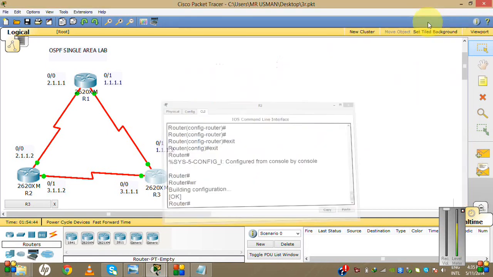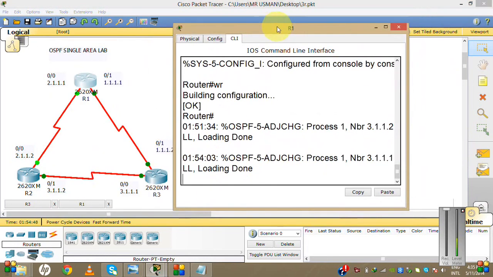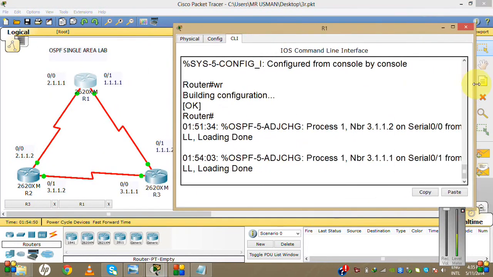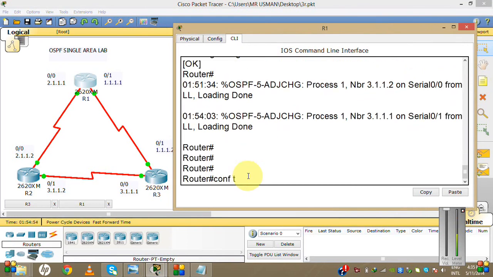Okay, now I'm going to router 1 to see whether the missing route is available or not after configuring OSPF.